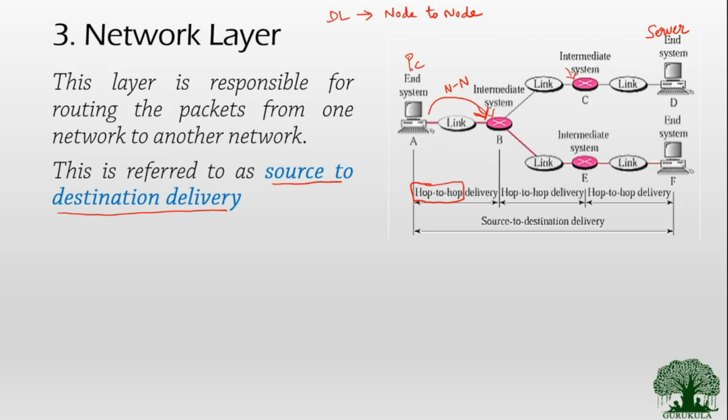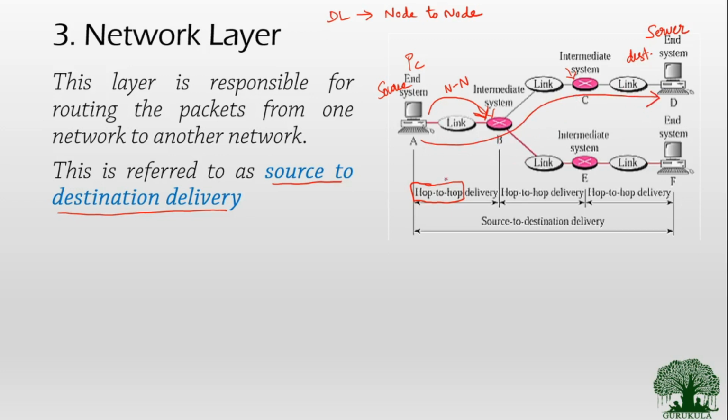In our case, my PC will be acting as the source, and the server will be acting as the destination. So if my packet is getting delivered from my source to destination through several intermediate devices, then this entire route is what we call source to destination delivery.